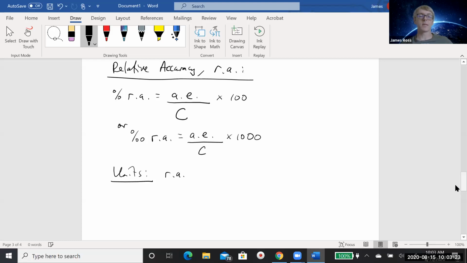Relative accuracy has no units for the same reason that the relative precision had no units, relative deviation, because you have a fraction, the numerator and denominator both have the same units. So the units cancel, and then you scale by either 100 or 1,000, which has no units.